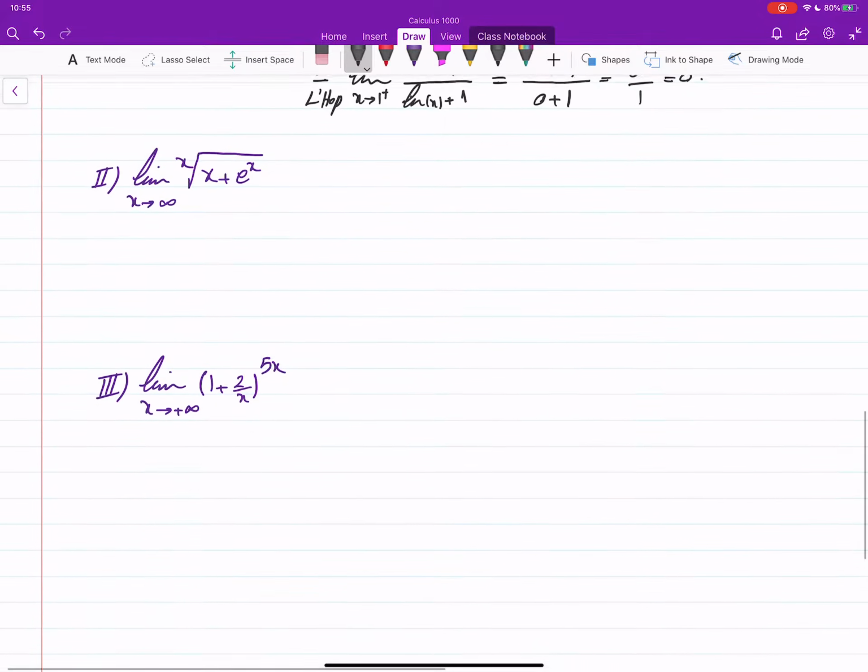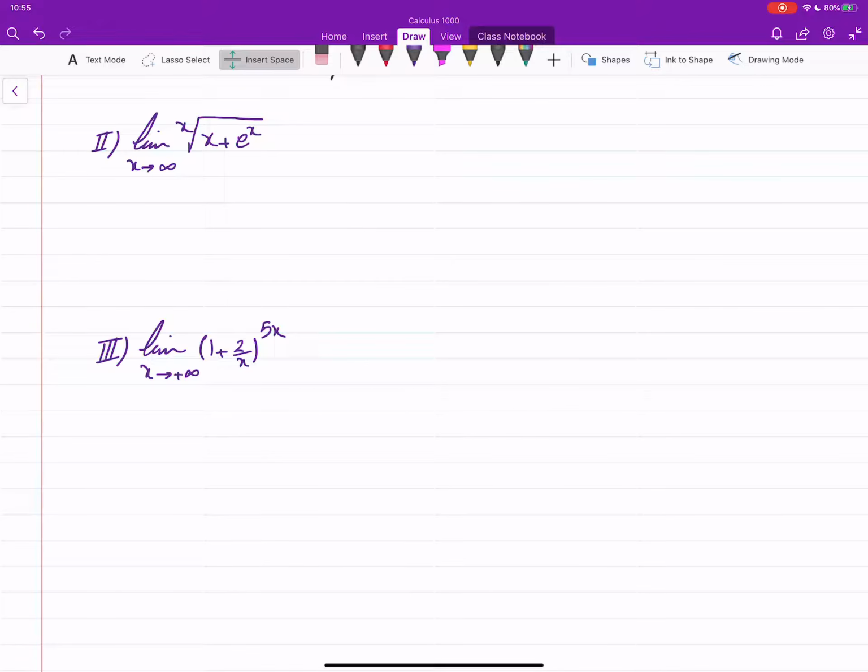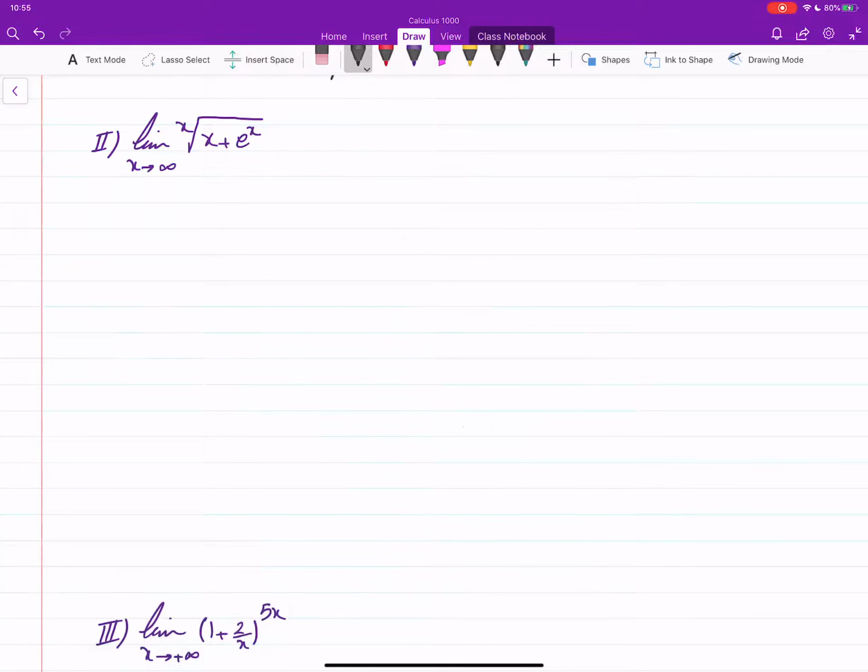Let's do another example. Okay, I will definitely need more space here. So let's see what situation we are in. When you look at this limit in this form, it is a little bit difficult to understand what is going on.